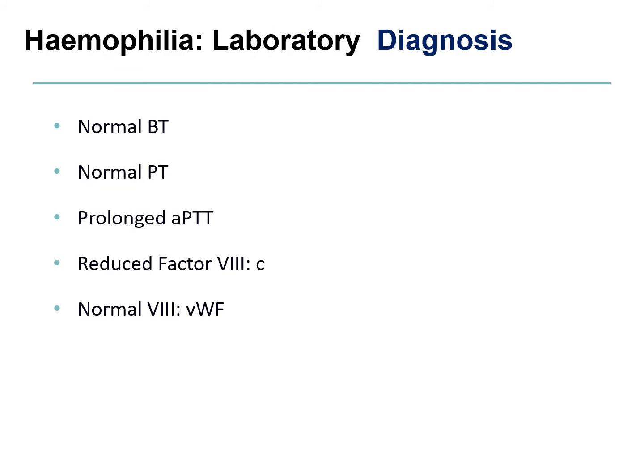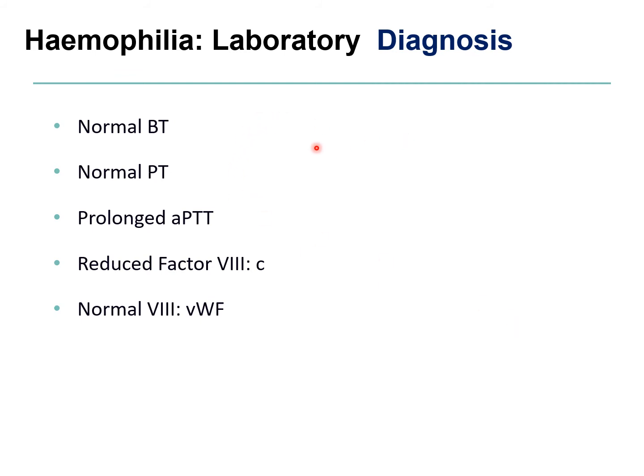The laboratory diagnosis of hemophilia, like any other coagulation disorder, is based on a full clotting screen, which includes the bleeding time, the prothrombin time, the activated partial thromboplastin time, and also the estimation of clotting factors in the blood plasma.